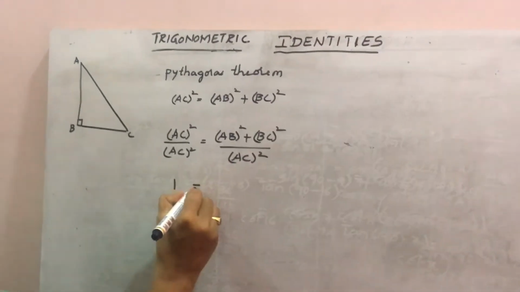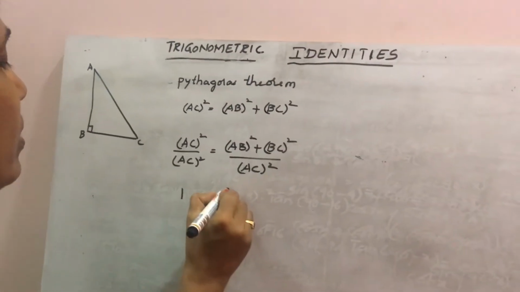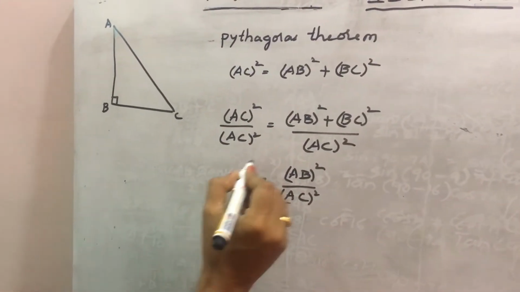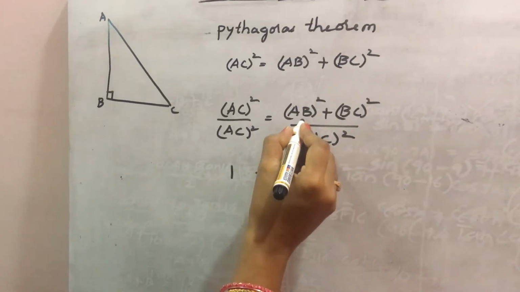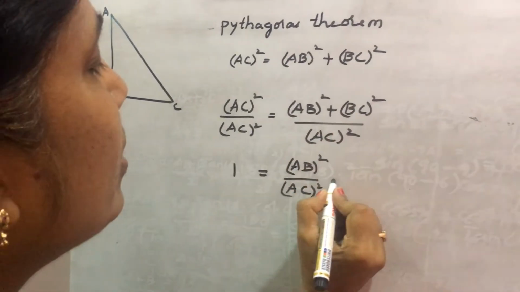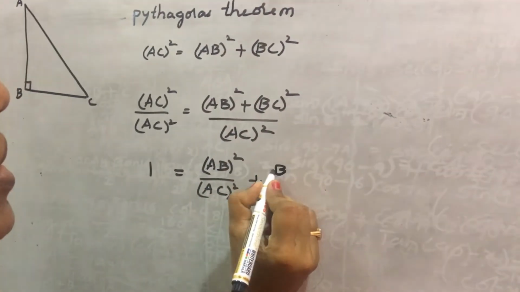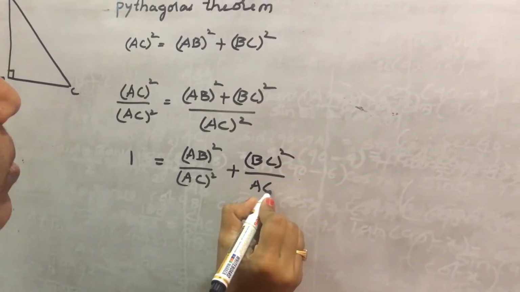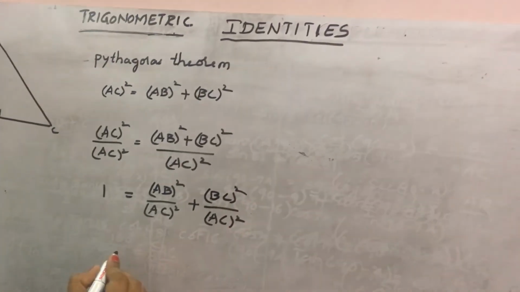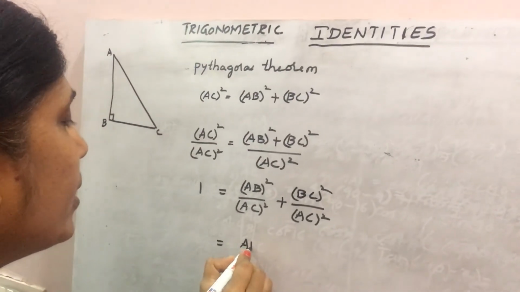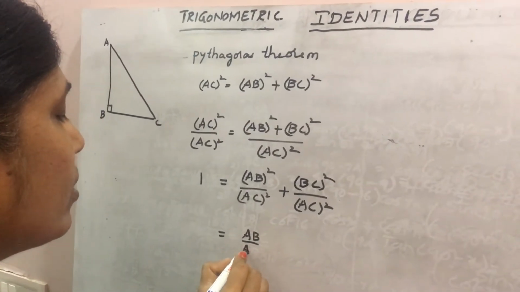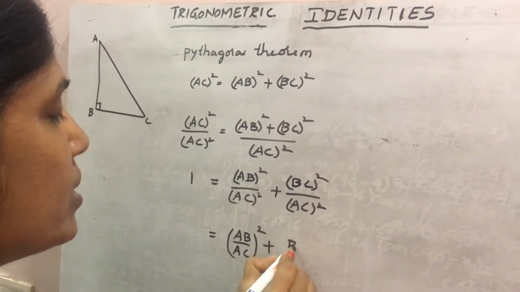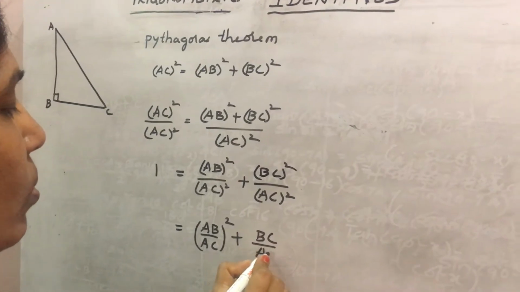AC square by AC square is equal to, we know, 1. We can split like this: AB square by AC square plus BC square by AC square, which is equal to, we can write, (AB by AC) whole square plus (BC by AC) whole square.